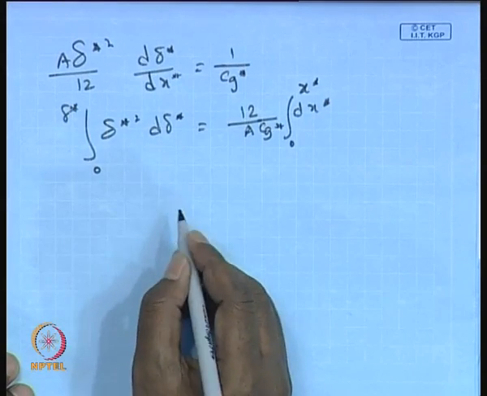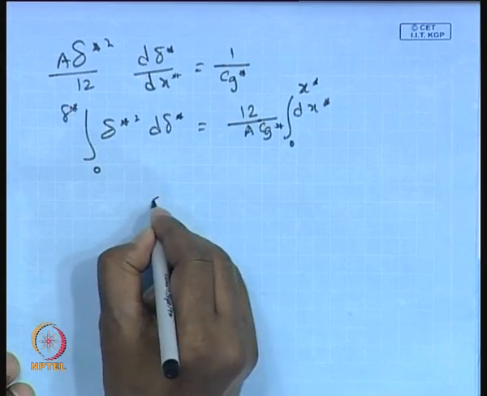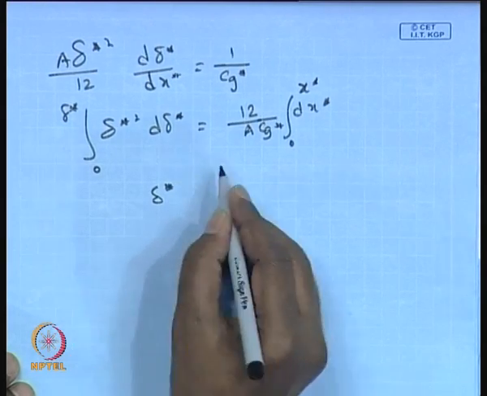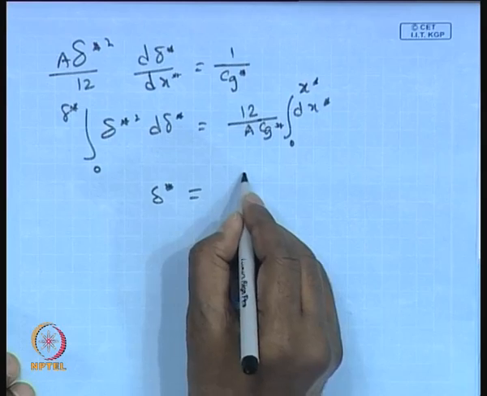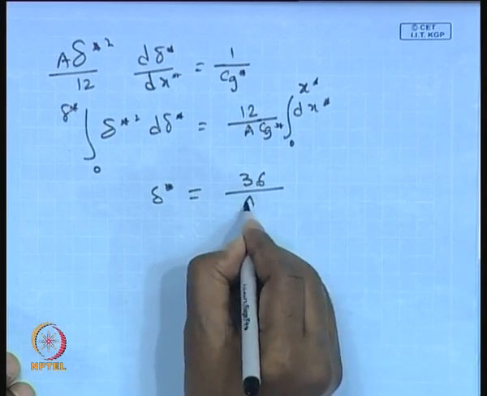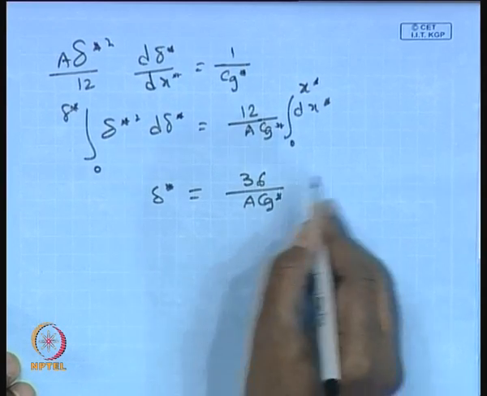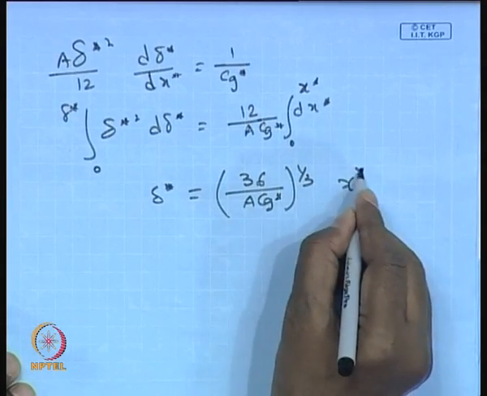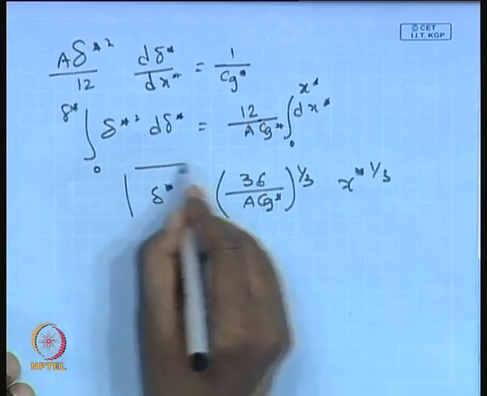So, we will be getting an expression of delta star, and this becomes delta star cube by 3. So, delta star will be 3 into 12, 36 over A C g star, raised to the power 1 upon 3, x star raised to the power 1 upon 3.